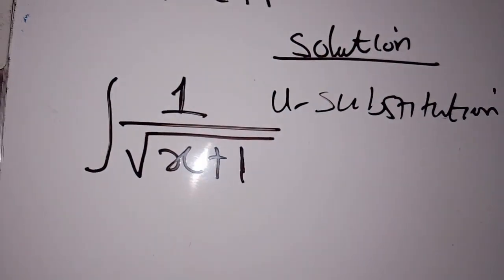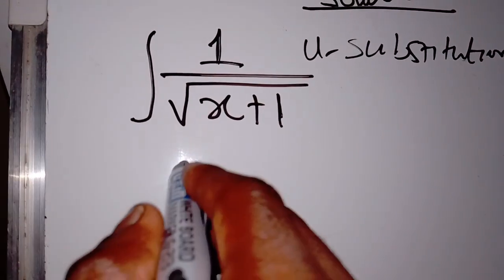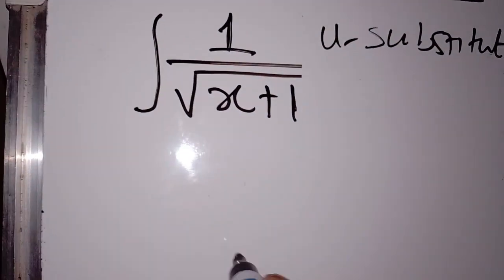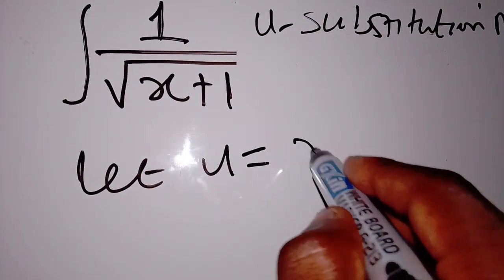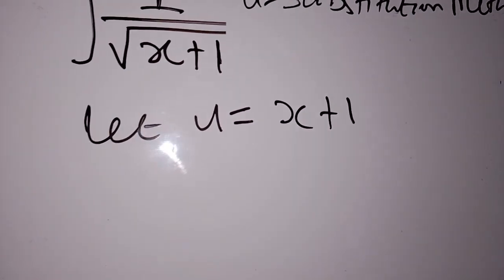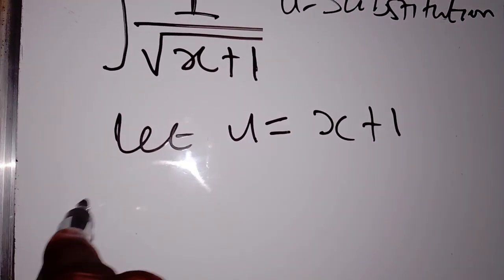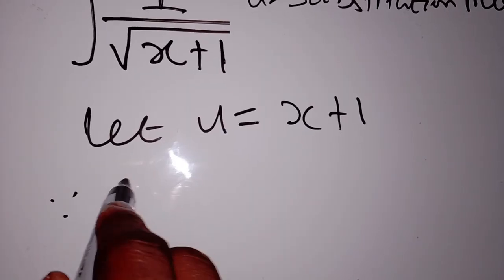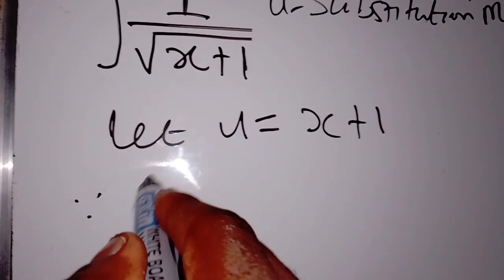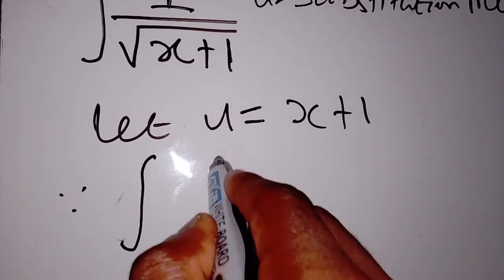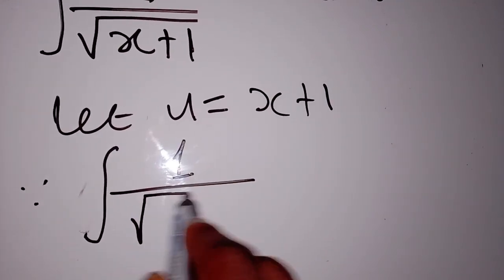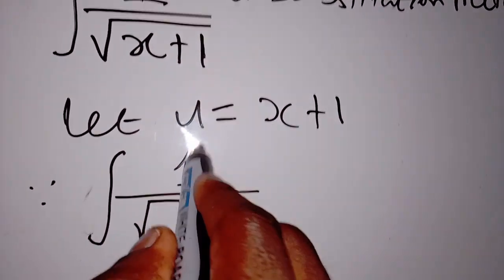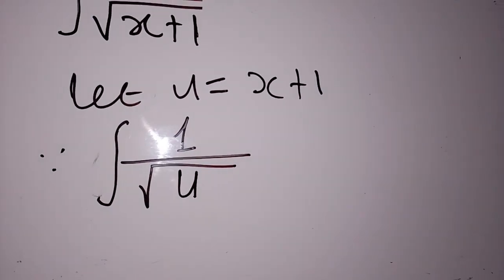Okay, u substitution method. So in our case, we let u be x plus 1. In that case, therefore, the integral of 1 over the square root, so x plus 1 is u, so we are going to put u.